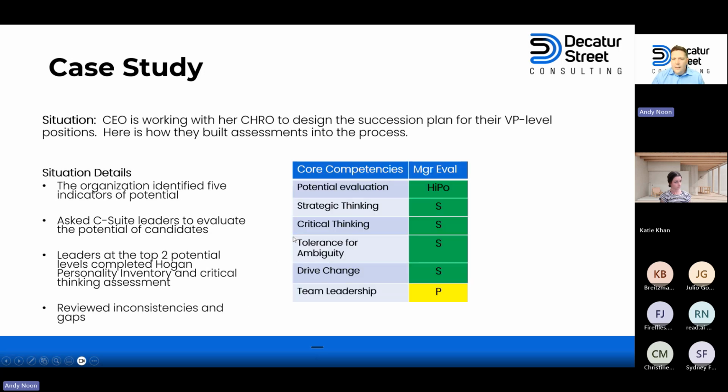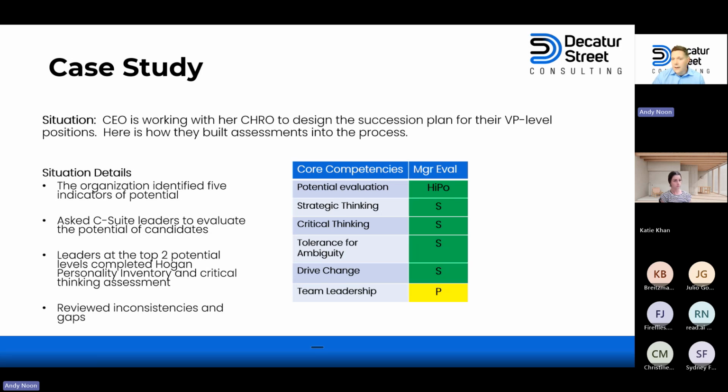So as you look at this, here's the manager evaluation. They evaluate this individual as a high potential. There are 5 core characteristics: strategic thinking, critical thinking, tolerance for ambiguity, drive for change, and team leadership.